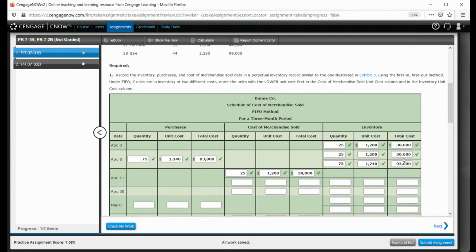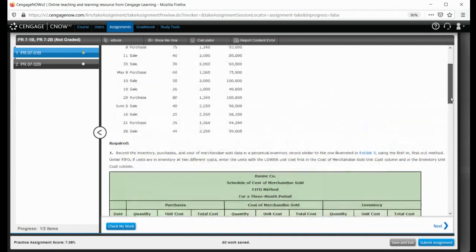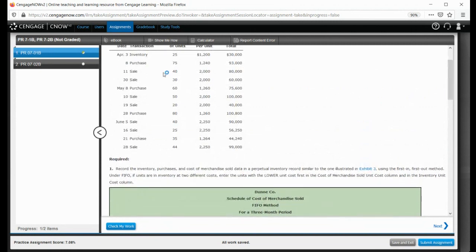Thus, we get the title first units in, or the first units we sell. First in, first out method means the first units that we bought are going to be the first units that we sell. We're not through with the April 11th transaction because we didn't just sell 25 units. We sold 40 units according to our instructions.